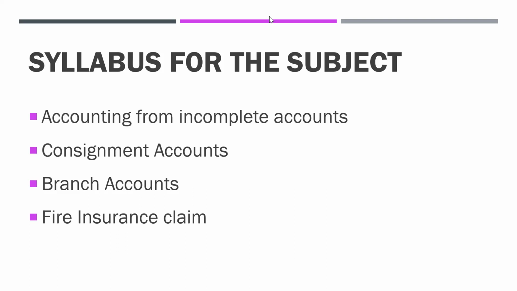Now you have consignment accounts, wherein a consignment order is taken. For example, a farmer wants to concentrate on production of goods, production of grains, fruits. So he appoints someone to look after the sale of the products.